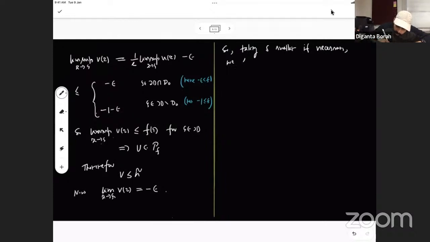We have h tilde, because this is greater or equal to v(z), is greater or equal to minus 2 epsilon for z in this green intersection, zero.